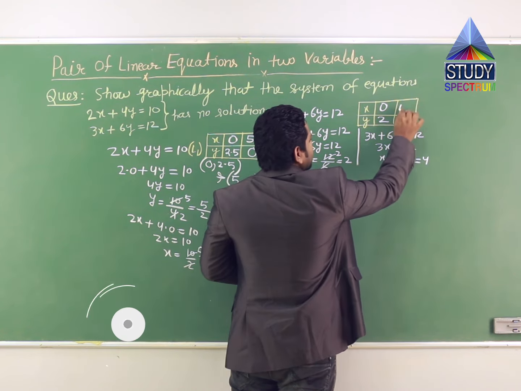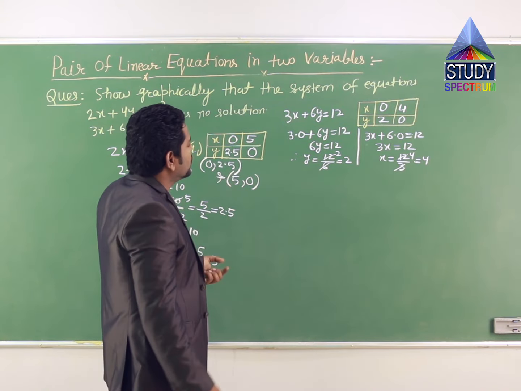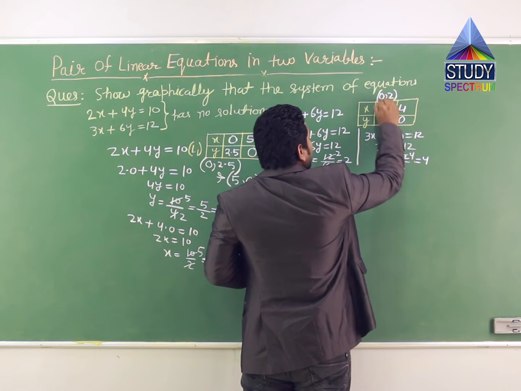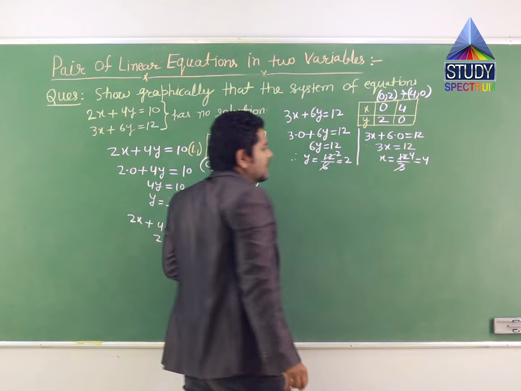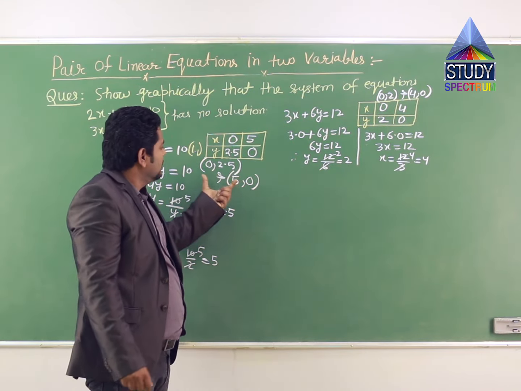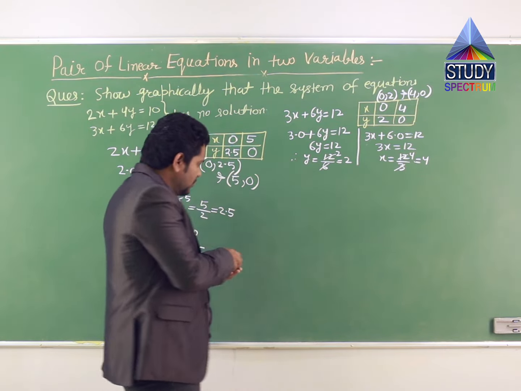So we have got 4 when y is 0. In this case we got 2 points: one is 0, 2 and the second point is 4, 0. Now let's draw the lines. We have got 2 points for both of the lines.